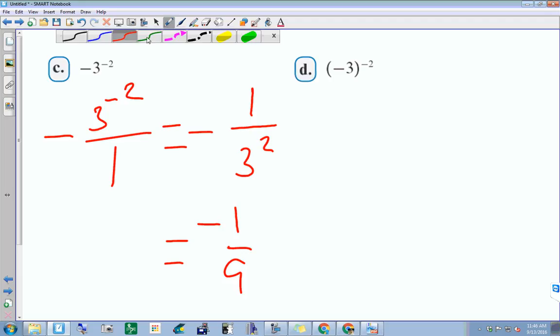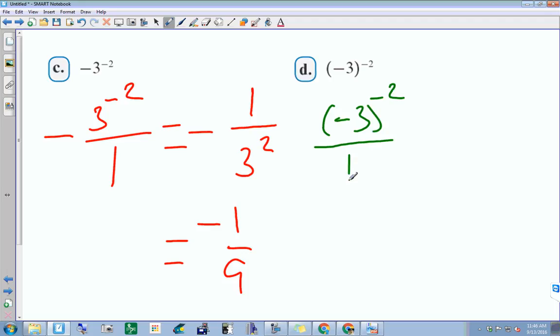Now, if I take a look at the next one over here, the parentheses are holding that negative in there. So this one is going to be rewritten as negative 3 to the negative 2 all over 1, because the parentheses hold the negative with the number. So now we do just the same thing we had before. We had something on top that was negative, so it's going to go to the bottom.